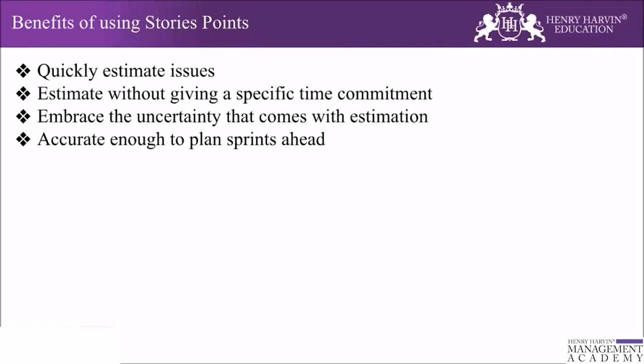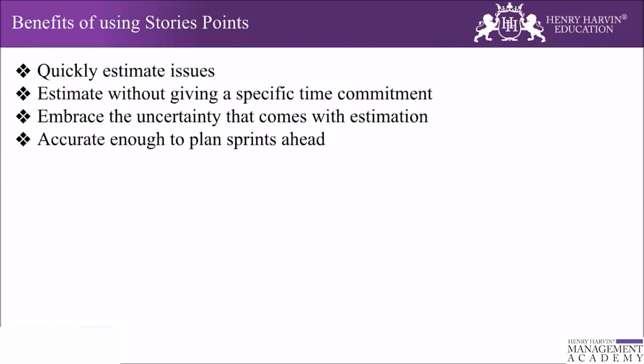The second point is that you estimate without giving a specific time commitment. When estimating in hours, you make a precise time commitment. So estimating in story points prevents giving an exact commitment. Nobody knows exactly how many hours you are assigning to a specific issue.